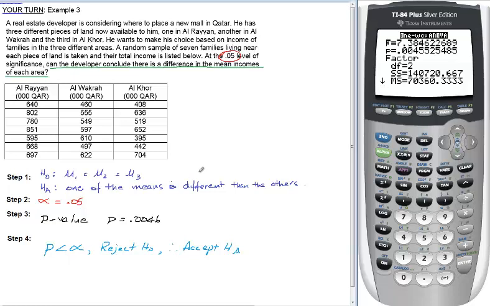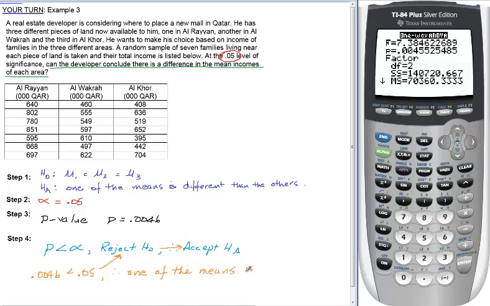But in our case, our p-value is 0.0046, and that's definitely less than 0.05. Therefore we are going to reject the null hypothesis and accept the alternate hypothesis, which means that one of the means is different from the others.